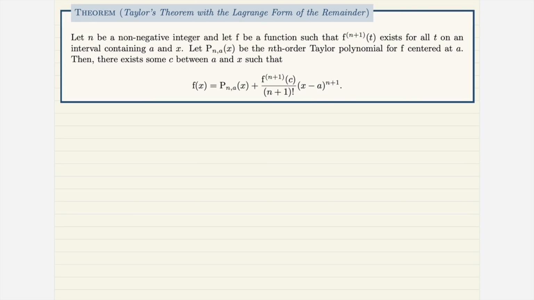Then this theorem guarantees the existence of a c between a and x such that the value of the function at x equals the value of the nth order Taylor polynomial about a at x, plus this term: the n plus first derivative of the function calculated at c, this is the c which is guaranteed, divided by n plus 1 factorial times x minus a to the power n plus 1.